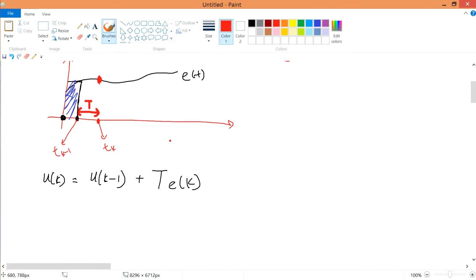And when you multiply with ek, I should have said ek is this line over here, because ek tells you that you're taking impulse at k, or at time k. If it's ek minus 1, then you're taking impulse at this point.